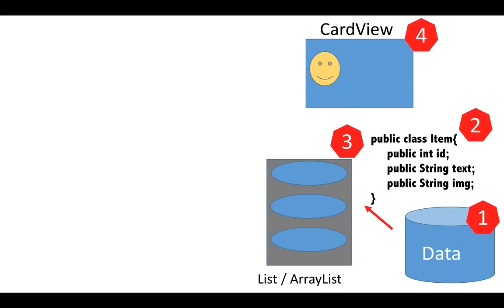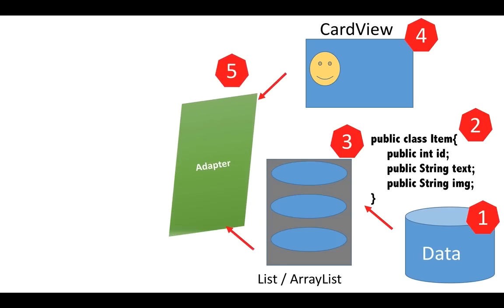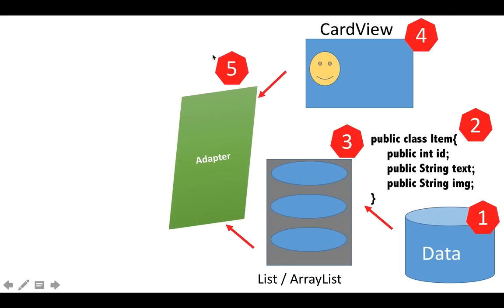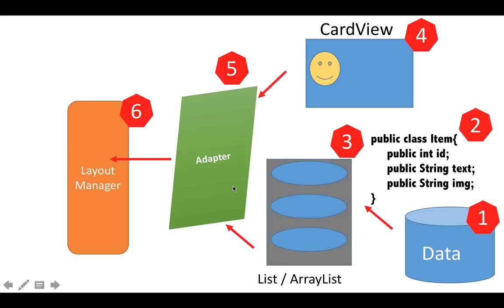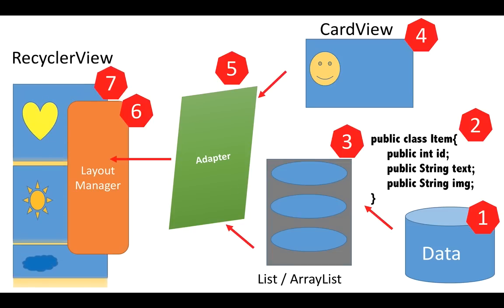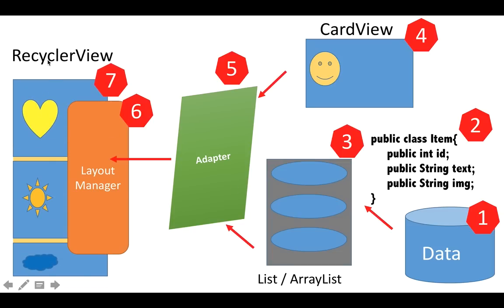Okay. And you need a card view. You need maybe one or two, but first let's just think about one card view. And then the most difficult part is the adapter, and you need another layout manager, and lastly you add it into the RecyclerView.